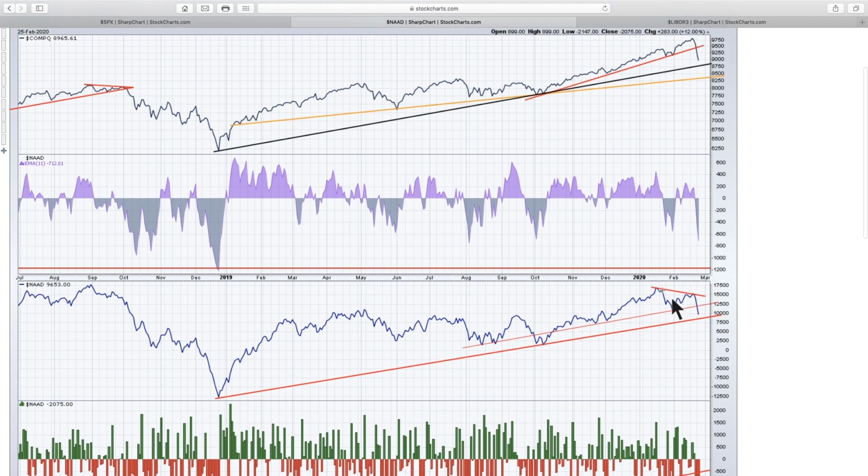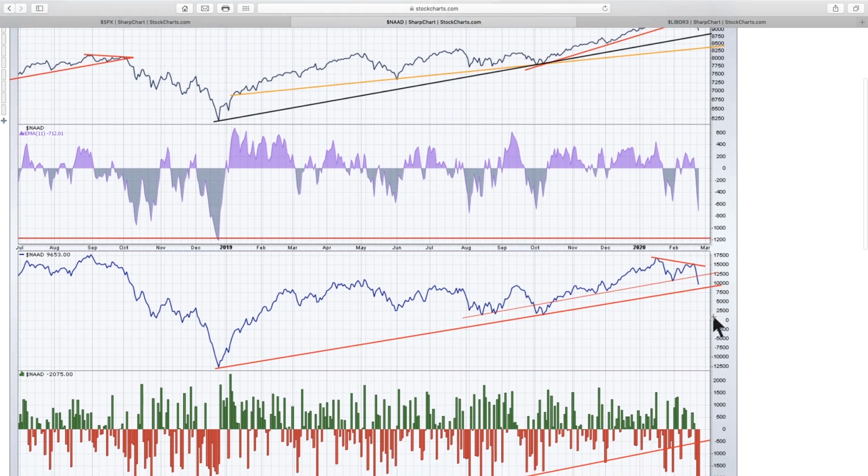But at this point, we had lower breadth and we had higher highs, so we had a divergence. And here you can see that we rallied up, and then we had the spike high, and then we pulled down. And then on this rally, look at how little accumulation there was of the number of companies participating. And all of a sudden we rolled down. So there were some clues there for us.